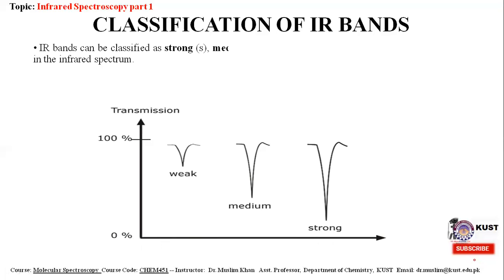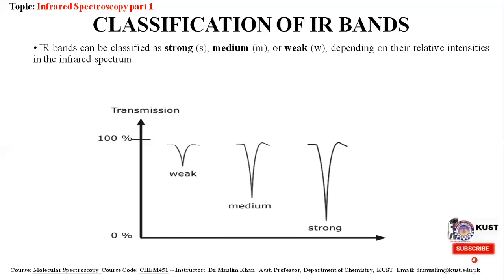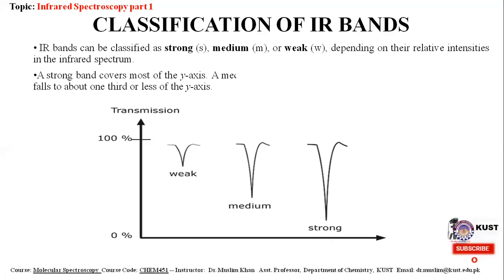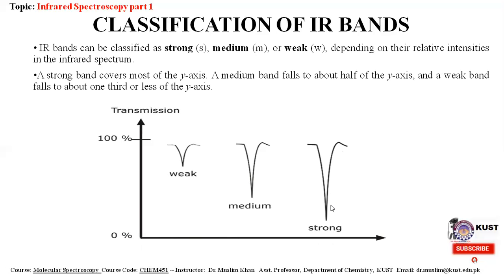So IR bands can be classified as strong, medium, or weak depending on their relative intensity in the infrared spectrum. A strong band covers most of the y-axis, a medium band falls about half of the y-axis, and a weak band falls about 1/3 or less of the y-axis.